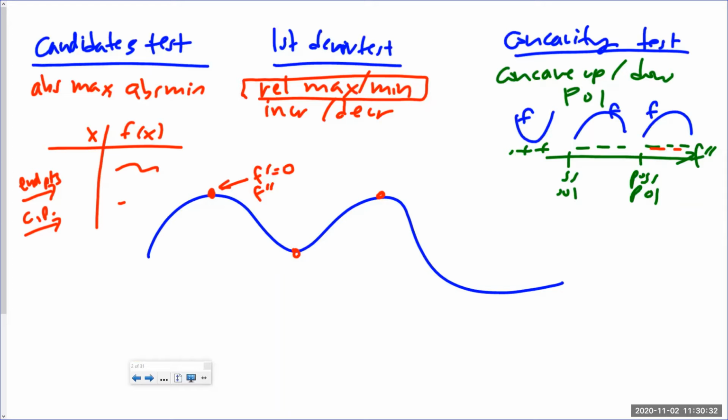So if my second derivative is negative, then I know that I have a relative max. And look at this point. If my first derivative is 0 and my second derivative is greater than 0, concave up, guess what's going to be there? That's a relative min.